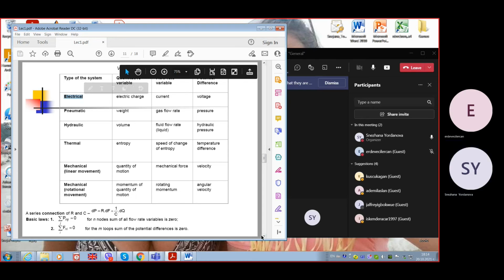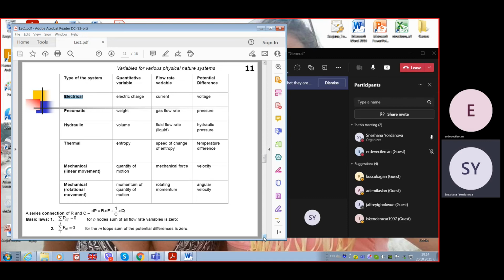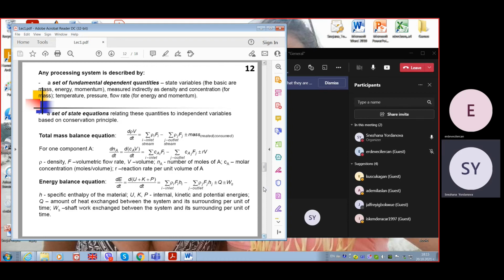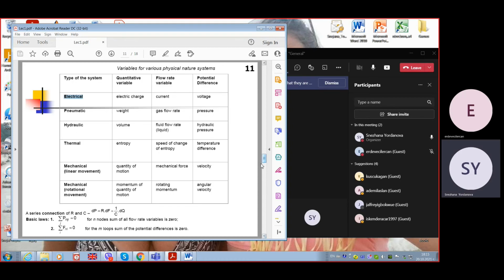Why? Not only because of all these advantages I mentioned, but also because in an electric circuit we know the basic Kirchhoff's laws for the nodes and for the loops to obtain an analytical, mathematical model based on this conversion of the real system into an electrical model.